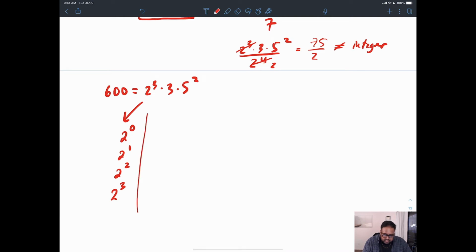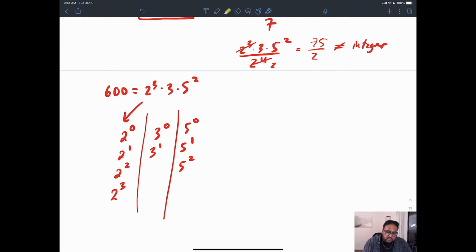Separately from that, I have 2 options for the number of times I'm going to multiply 3 to get a factor of 600. Those options are 3 to the 0 and 3 to the 1. Lastly, I have 3 options for the number of times I'm going to multiply by 5 to get a factor of 600. Those options are 5 to the 0, 5 to the 1, and 5 to the 2.